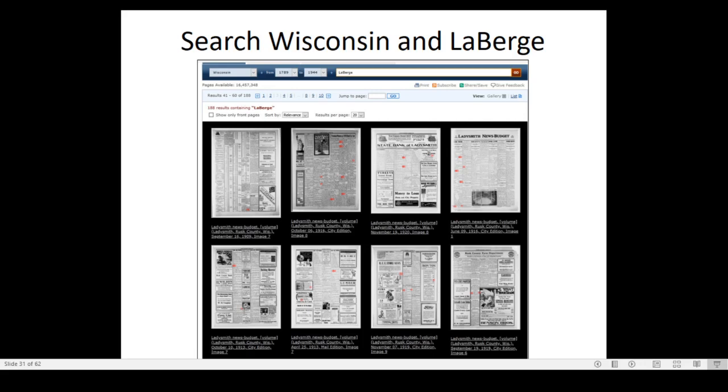So there's 188 pages of newspapers that has that combination. And you can see where it's highlighted in red, that contains the name LaBarge. And what's interesting is this is Ladysmith, Ladysmith, Ladysmith, Ladysmith, Ladysmith. That's where the LaBarge family came from, Ladysmith, Wisconsin.